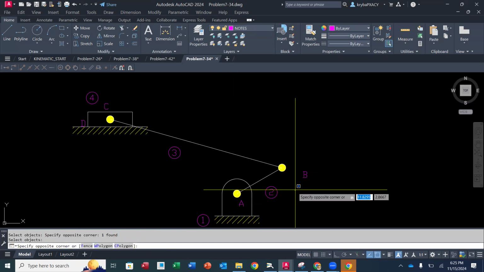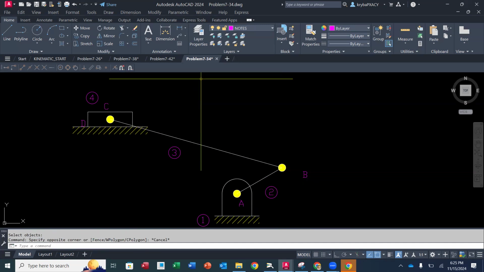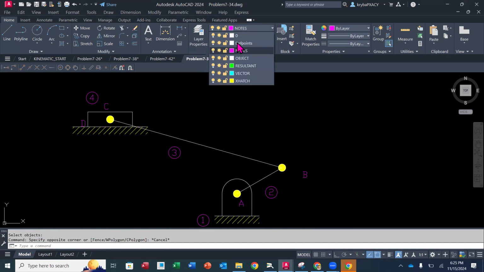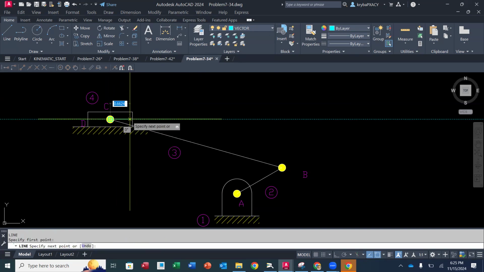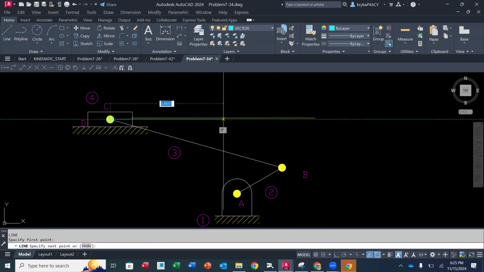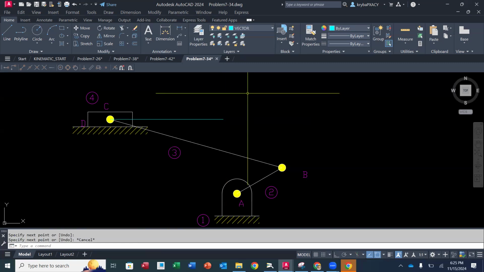Now what we're going to do is put our line of action for each one of the elements. So I know that my slider is only going to go horizontal, and this is going to be my unknown because I want to find out the straight line velocity and the acceleration of my slider, which is going to be point C. So I have to do the velocity first.